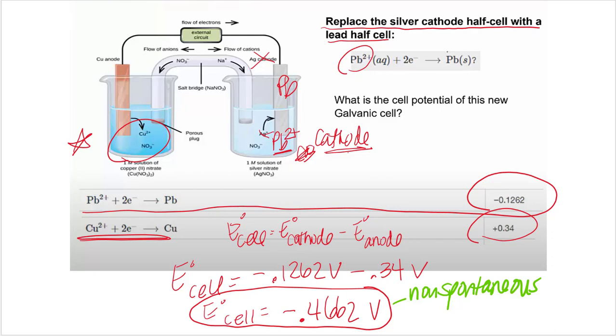In other words, I would have to flip this whole circuit around. When we flip this and turn the cathode into the anode, take the anode and convert it to the cathode, we would get a positive voltage to make this reaction occur. It's non-spontaneous as written. The negative volts will tell me that the delta G is positive, meaning non-spontaneous.